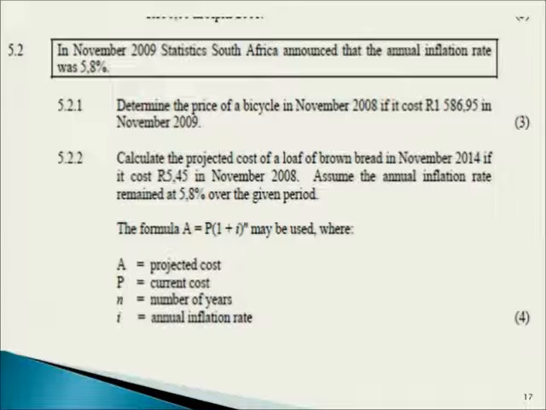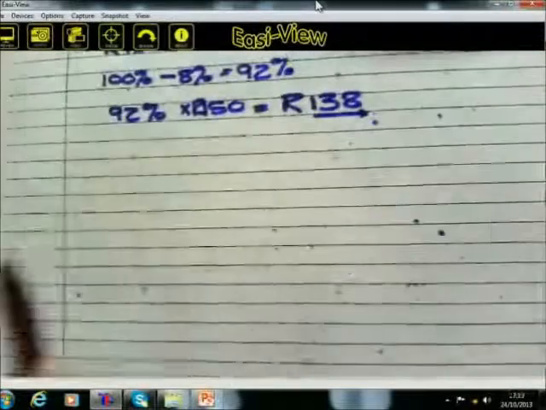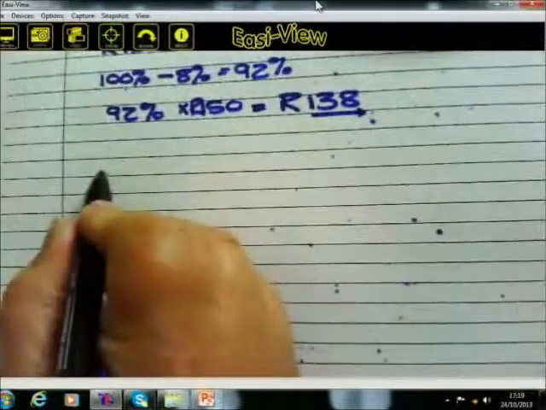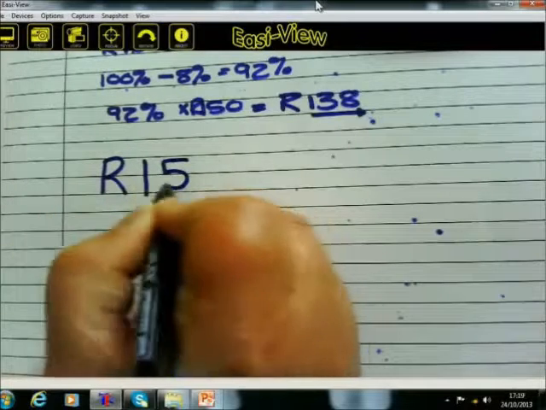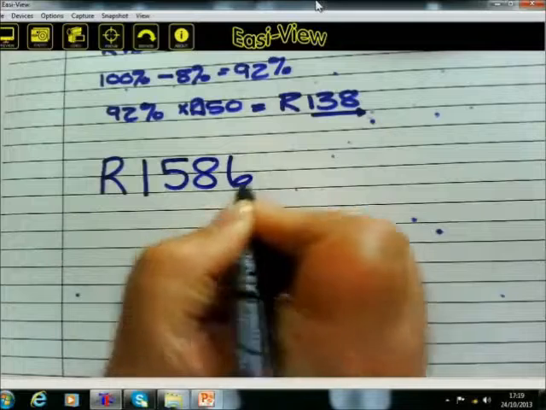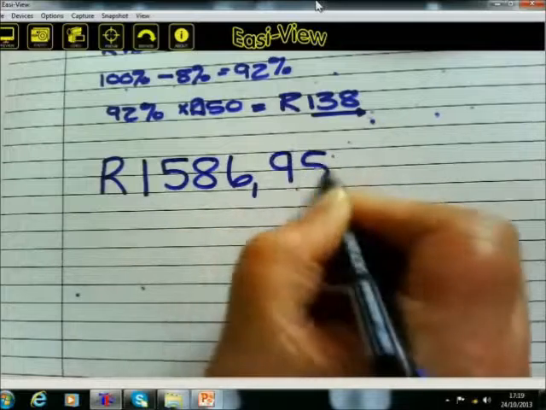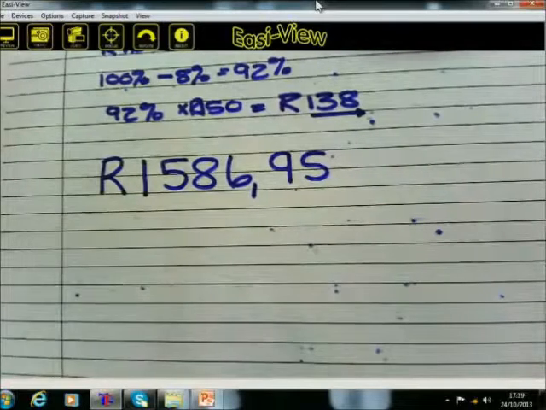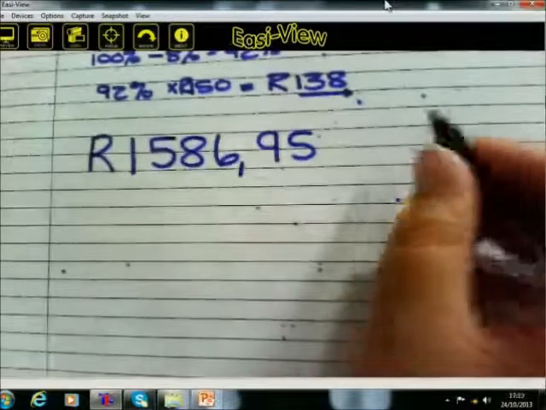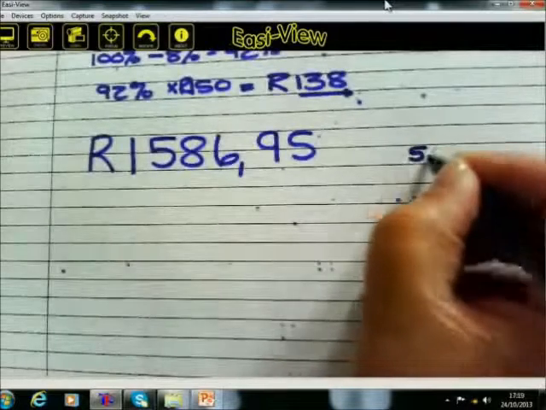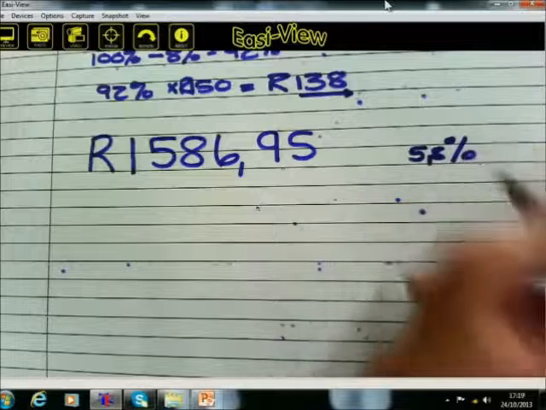So how are we going to do this? Let me show you. Right. Let's start with our big inflated price. I'm actually going to write it big so that you can remember that this price is already the inflated price. What was added to it? In this price, they have already added the 5.8%.